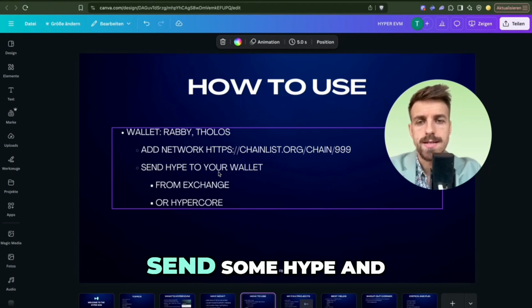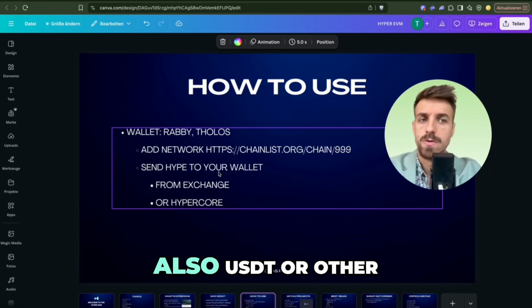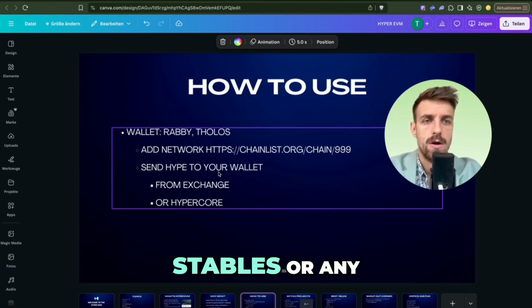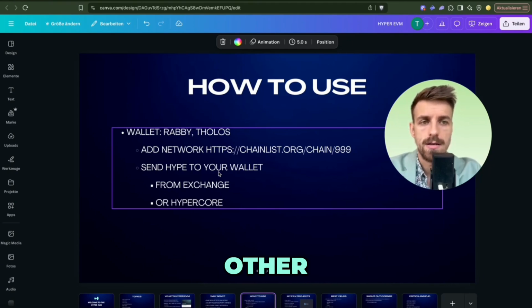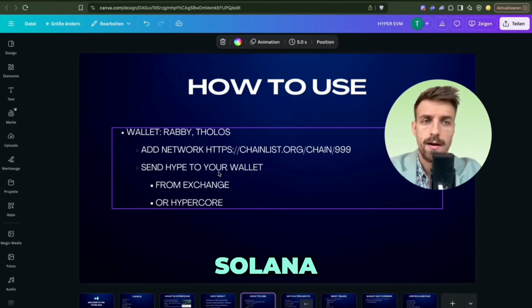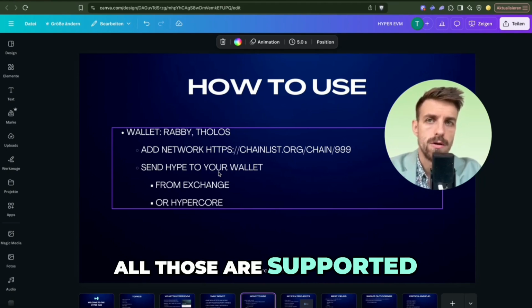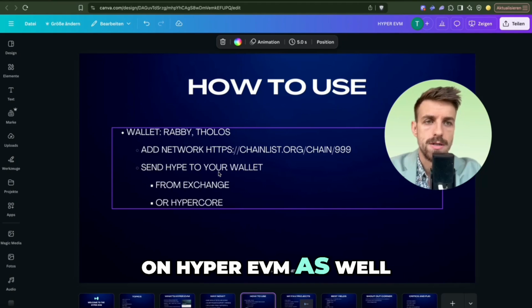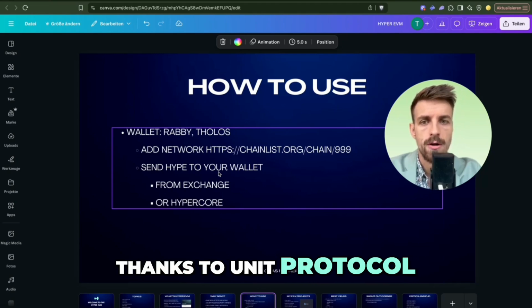So you could send some hype and also USDT or other stables or any other assets that are supported on HyperEVM. So also Bitcoin, ETH, Solana, Fartcoin, all those are supported on HyperEVM as well, thanks to Unit Protocol.